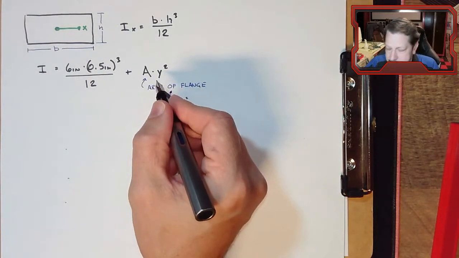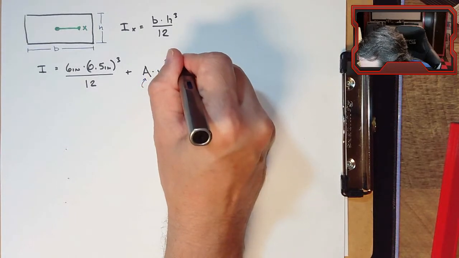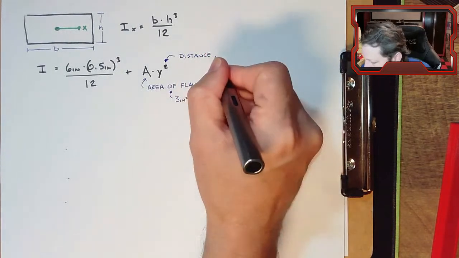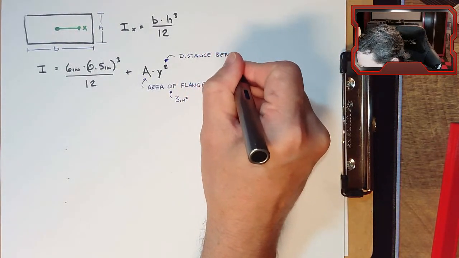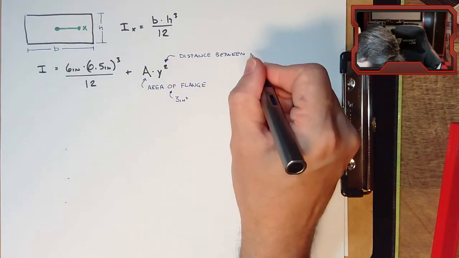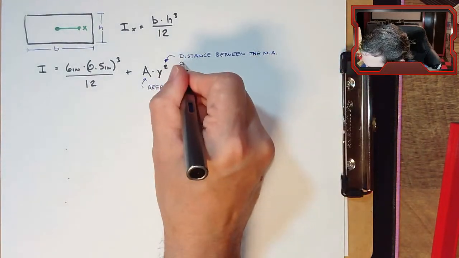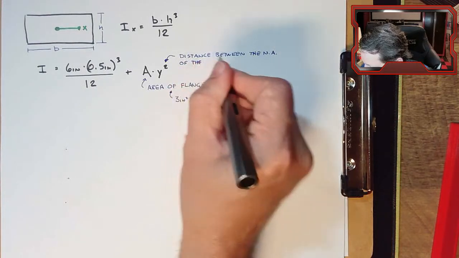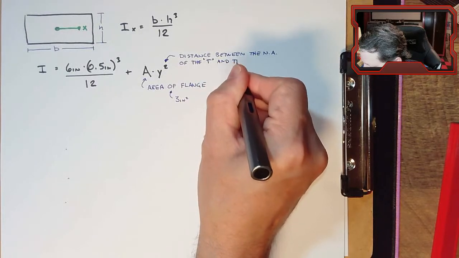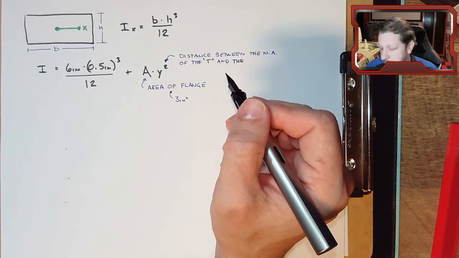This y is the distance between two axes: the neutral axis of the T shape, I'm going to abbreviate neutral axis, and the centroid of the part that we're calculating, so in this case, the centroid of the flange.